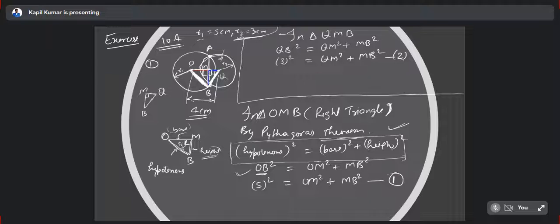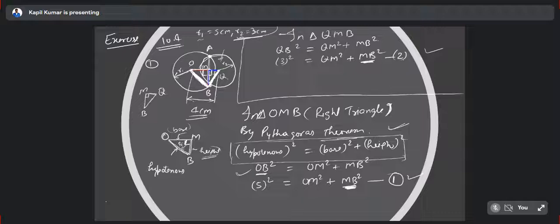Now it becomes a question of polynomials: we have two equations, this is equation 1, this is equation 2, and we need to find the value of MB.